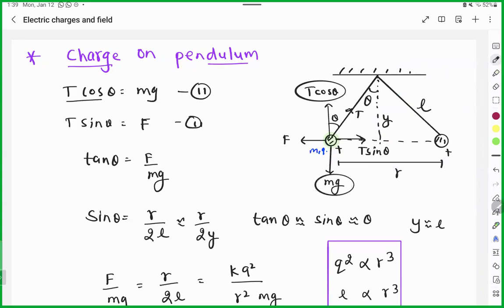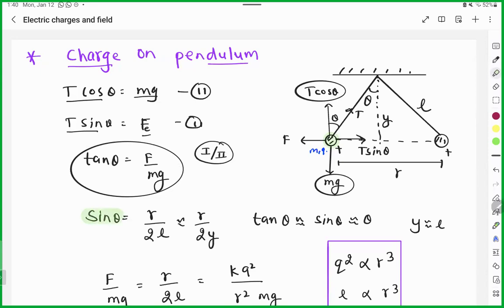Second, inward T sin theta, outward F electrostatic force will be the same. When you take the ratio, divide equation 2 by 1, correct? What will happen? You will get tan theta. We already did this.